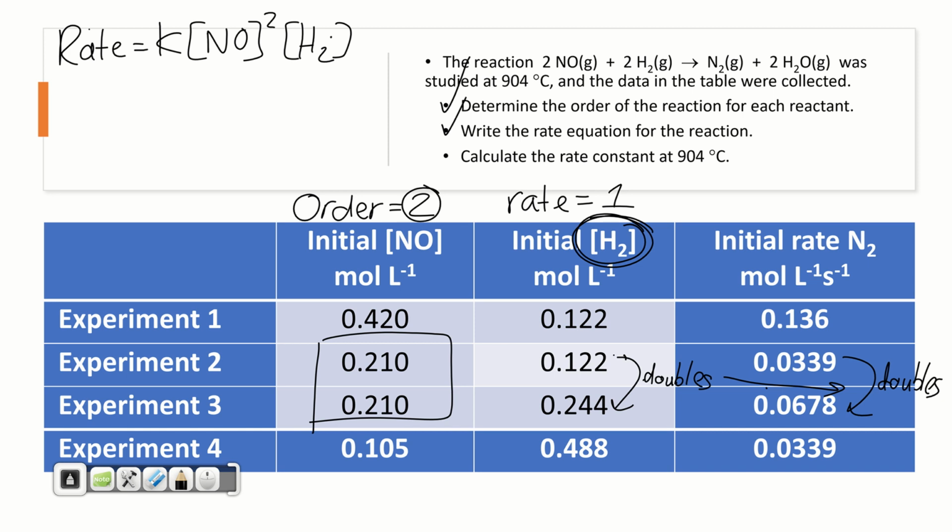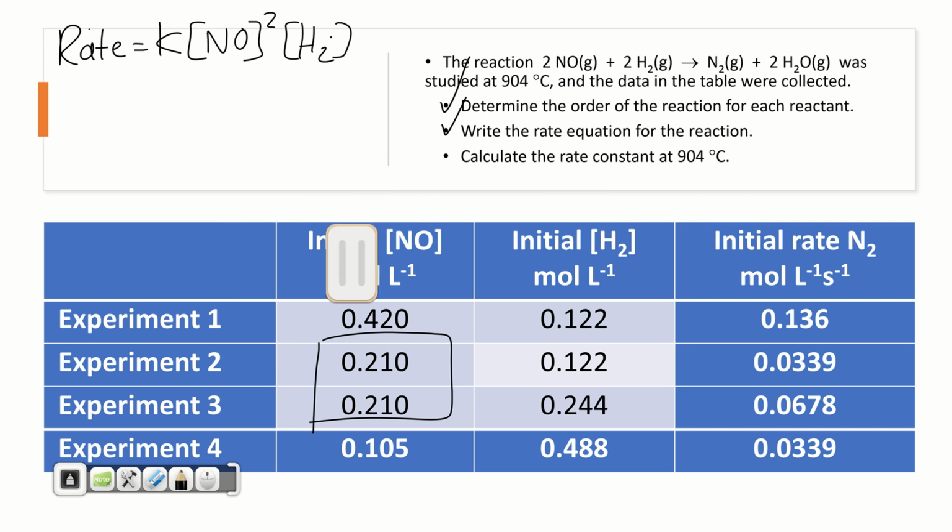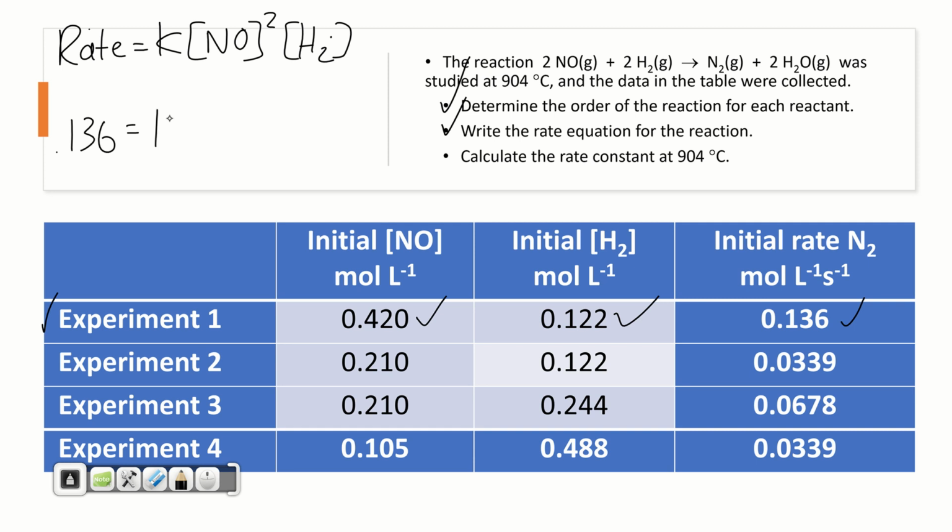Now from there, we can calculate the rate constant. All you do is pick any of these experiments. It doesn't matter which one you pick. So let's just pick number 1 because it's right there. I have my rate, and I have my 2 concentrations, and I'm solving for k. So 0.136 equals k, NO is 0.420, which I'm going to square, H2, which is 0.122, and I solve for k.